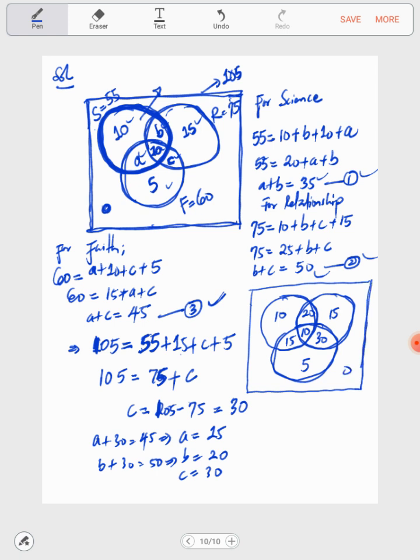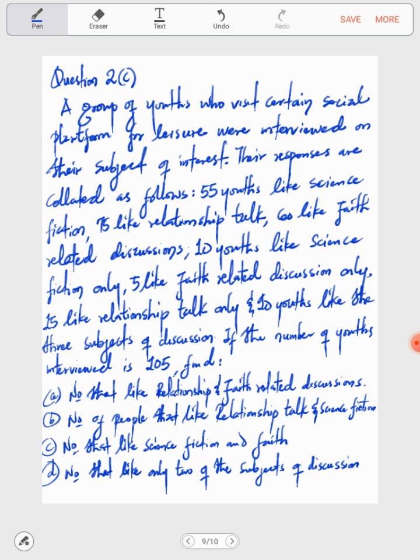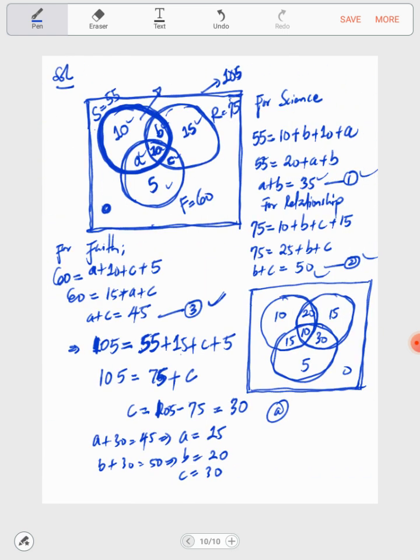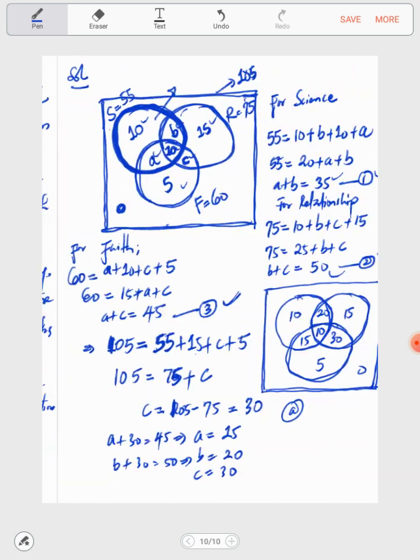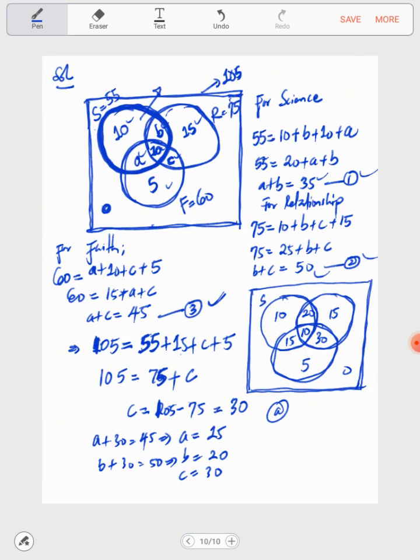So now let's use this to answer the question we were asked. The A part of the question says, number that love relationship and faith-related discussions. Now don't forget, this is S, this is R, and this is faith. So relationship and faith discussion will be the whole of this part.